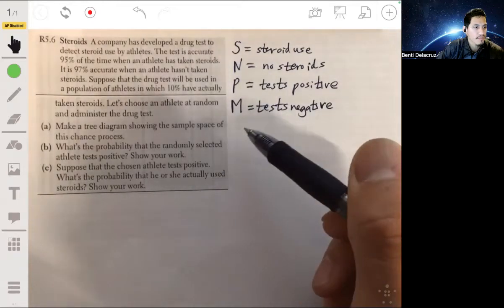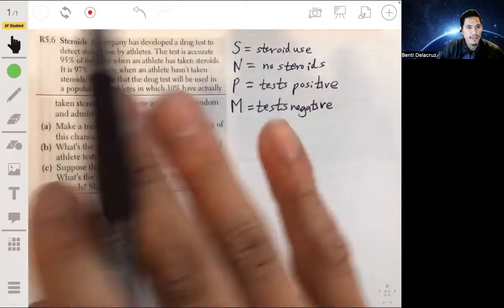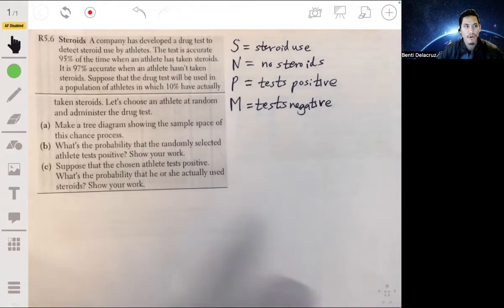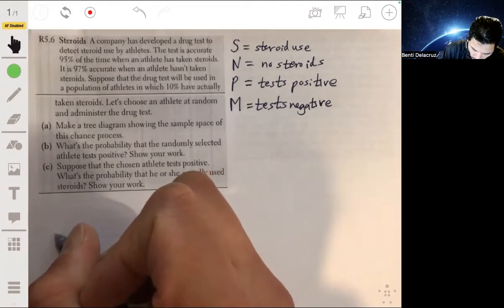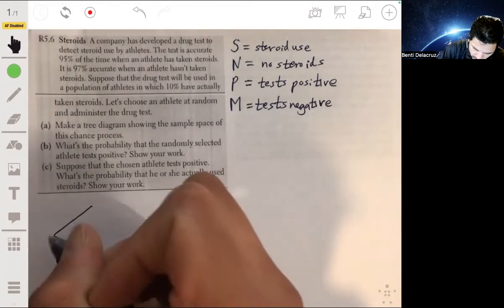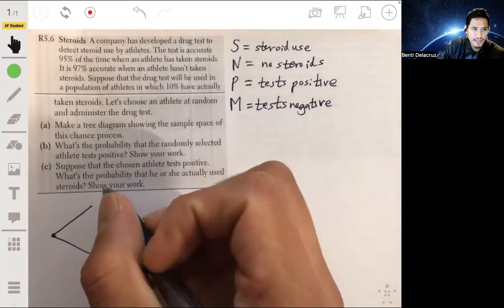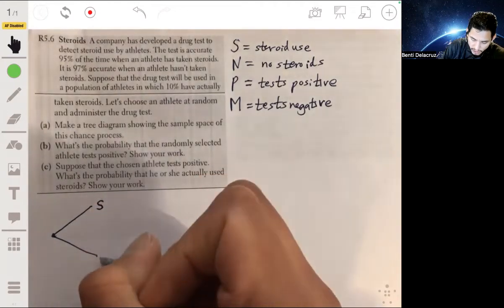Okay, so when we make a tree diagram, you want to first break the tree into the two events that would have to occur first, or that would make sense when you're doing calculations of probability. So we start here and we can go onto two roads, either here or here. Either the athlete is on steroids, so they're a steroid user, or they're not a steroid user.